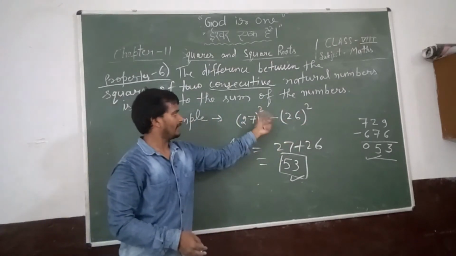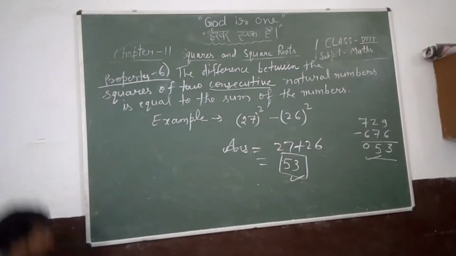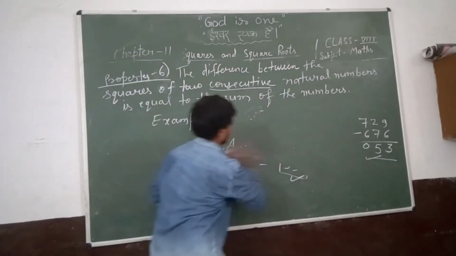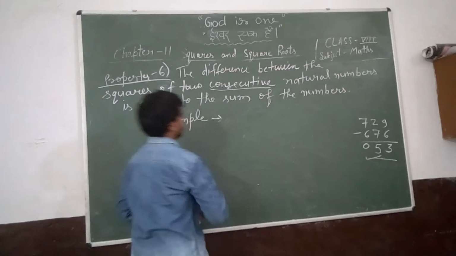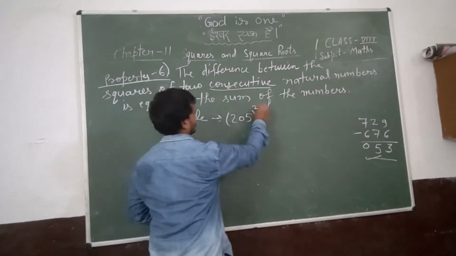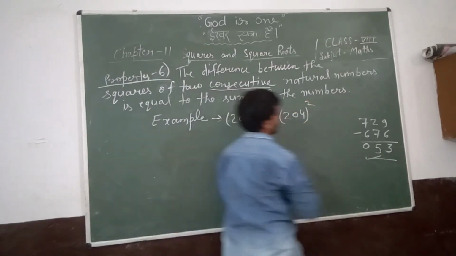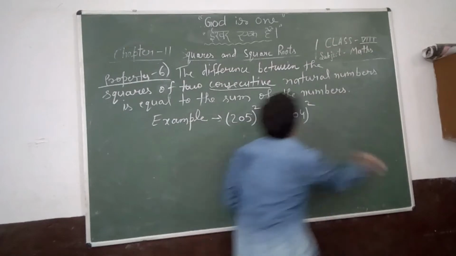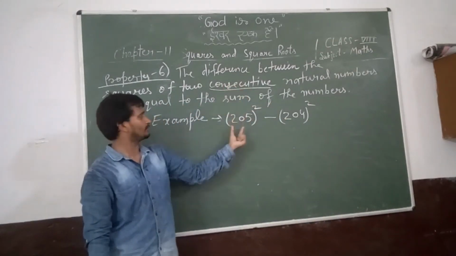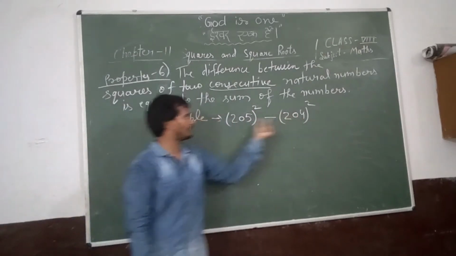Let us see one more example. One thing is important, that the number should be consecutive. There is difference of only one between them. 204, 205.